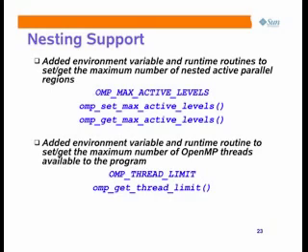Then there's also a new environment variable and runtime routine to set and get the maximum number of OpenMP threads available in the program. So that gives you an overview of what 3.0 is about. Lots of new stuff in there.